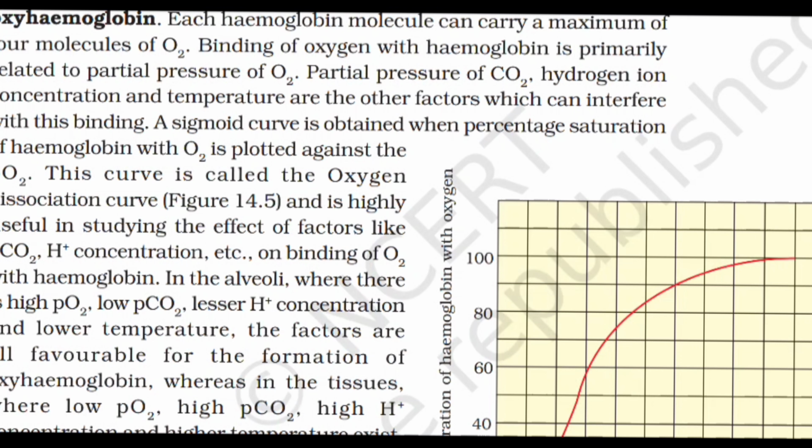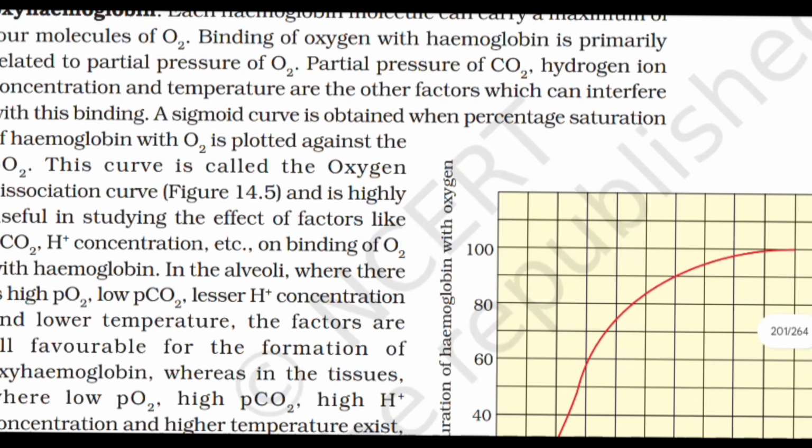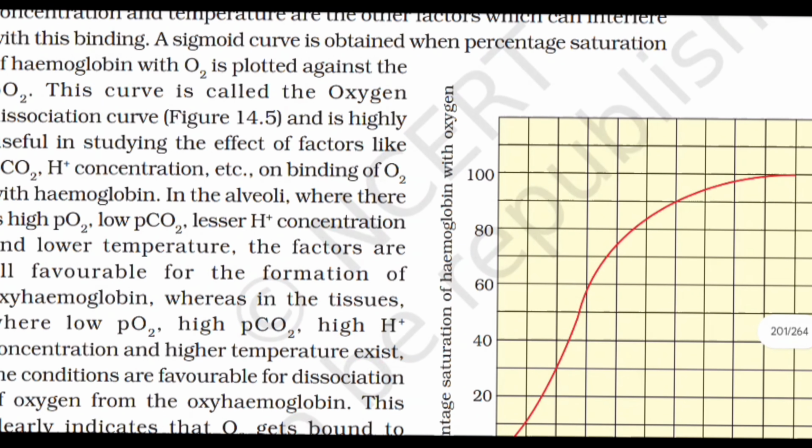In the alveoli, where there is high partial pressure of O2, low partial pressure of CO2, lesser H plus concentration, and lower temperature, the factors are all favorable for the formation of oxyhemoglobin.